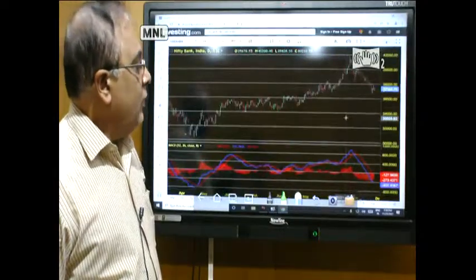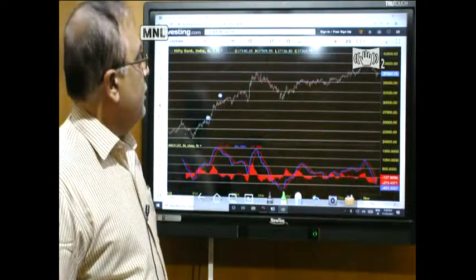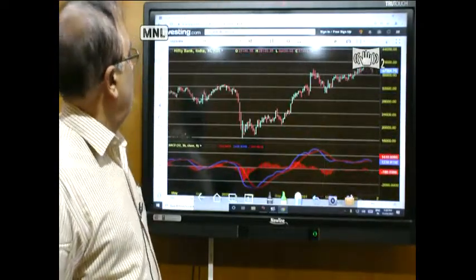Now, to what extent will it go? First of all, we look at whether the 23.5 retracement of this particular move has been taken off, right? So let's look at that.